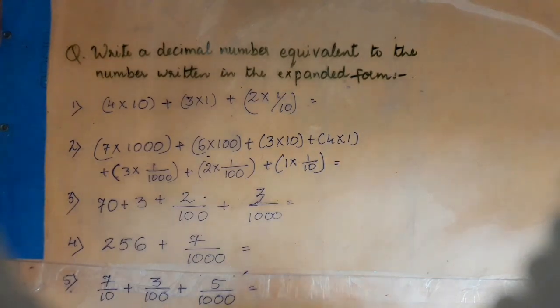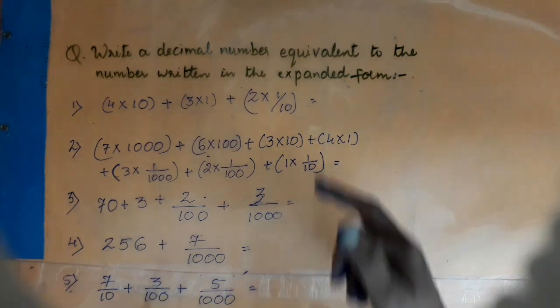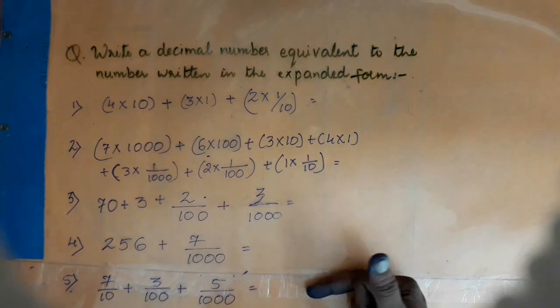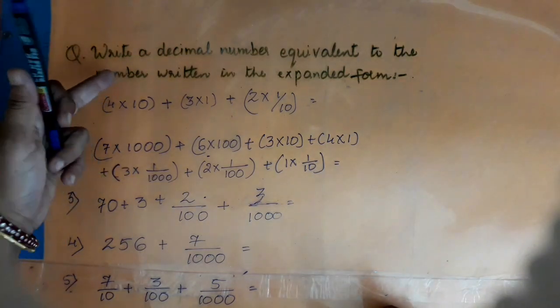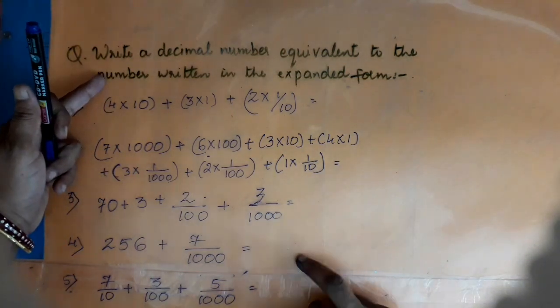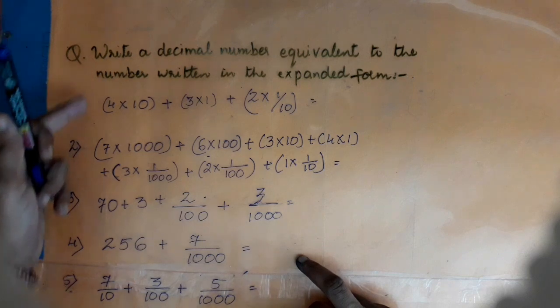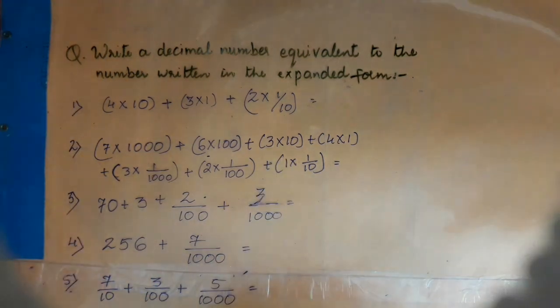Now read this question. Write a decimal number equivalent to the number written in the expanded form. So here the expanded form is given, and you have to write a decimal number for this expanded form, right? Now before attempting the question, just listen here for a few minutes.